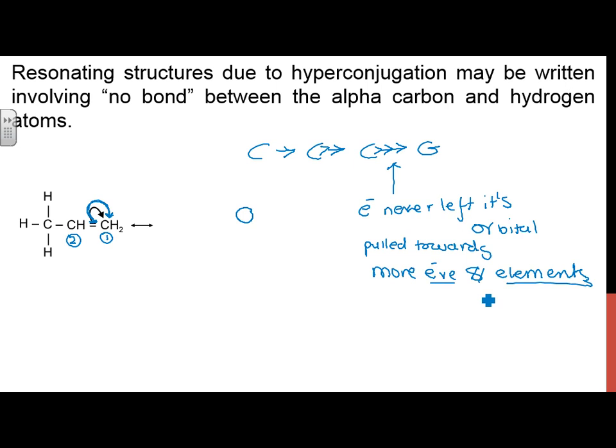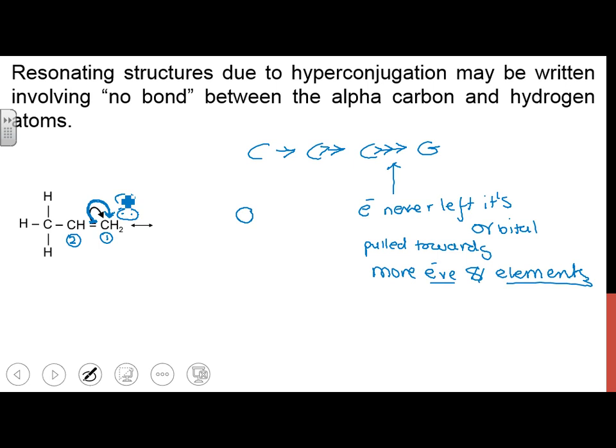But here something else is taking place. Here electrons are being shifted. We call it delocalization. And because of that, this carbon will gain extra electrons, so it will develop a negative charge.